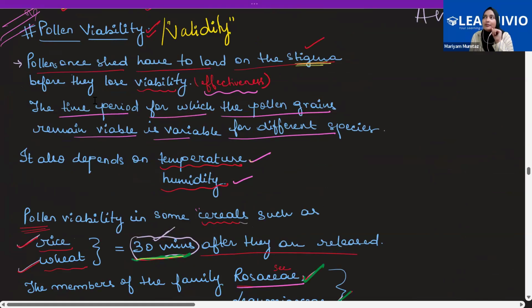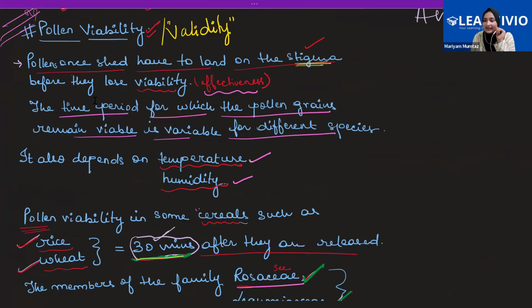Once the pollen grains are made inside the anther, they are released. Once released, they are effective only for a period of time. That period for which the pollen grains are effective, we call the pollen viability, or the validity of the pollen.